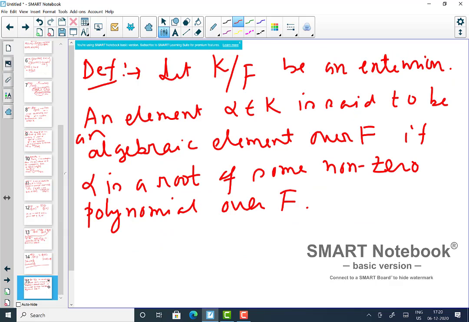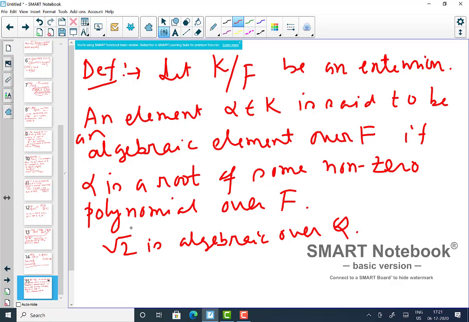So root 2 is algebraic over Q, because it satisfies a non-zero polynomial over Q. So obviously the question is, what about the other elements? Are all the elements of extension fields algebraic?